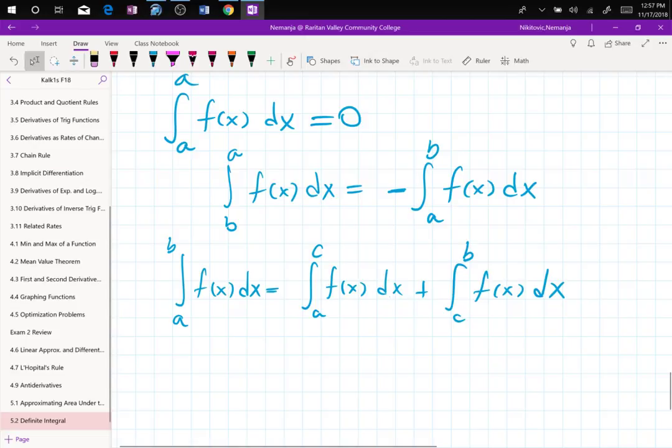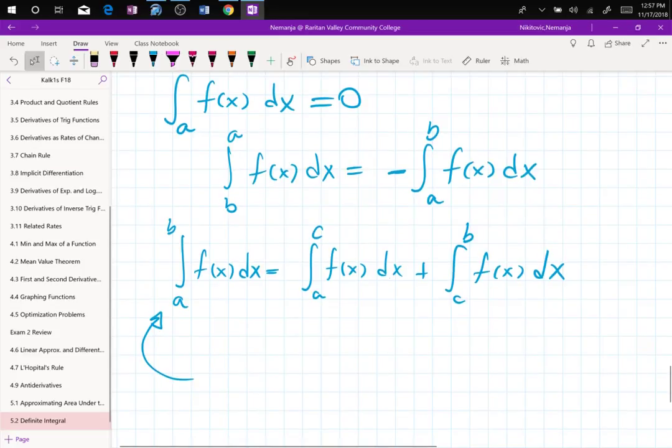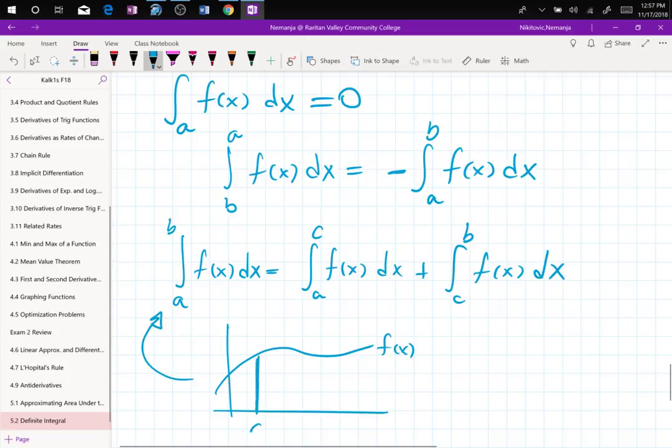Now, here's how this rule makes sense. If I have, and it's just a simple picture, some function f of x and I want to compute the area between a and b, sometimes we have to split.